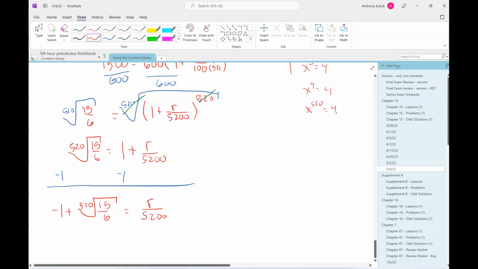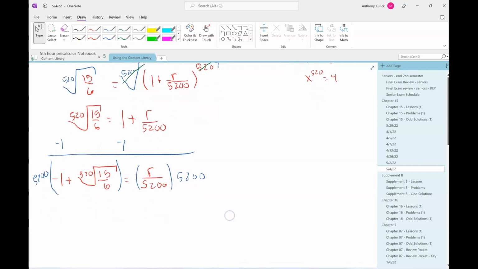If I write it that way, there's no ambiguity. It's definitely outside the radical. You know what I mean? Okay. And then my last step would be to multiply by 5,200. Either is fine.